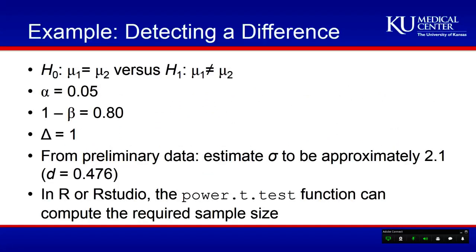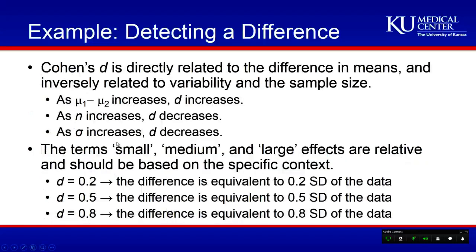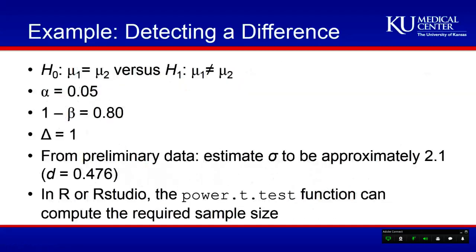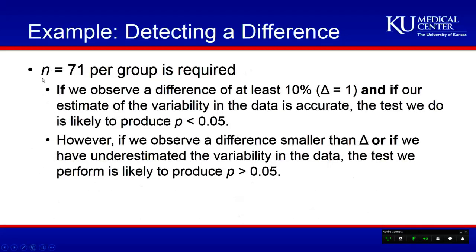So if you're wrong about the effect size, if you're wrong about using pilot data, if you're wrong about the difference that you want to detect, if you're wrong about the error variation in the outcome, all of those incorrect specifications can result in either an underpowered or an overpowered study.